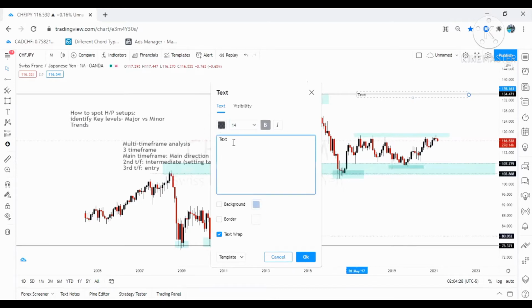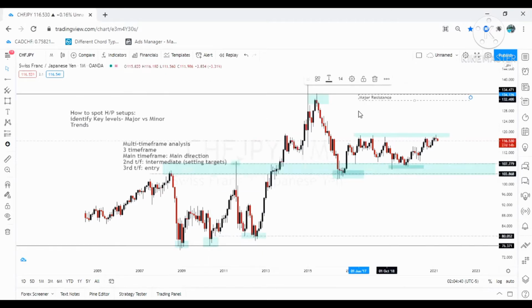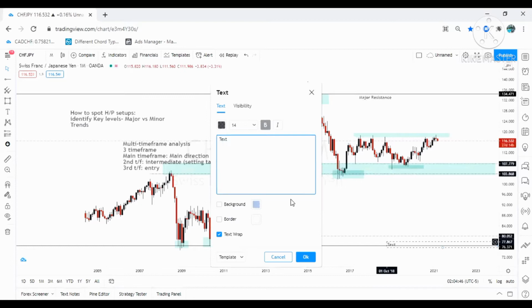This is major resistance. Because what's major resistance or major support? It's a level where we expect a trend reversal. And then this is major support, also known as your high and your low.